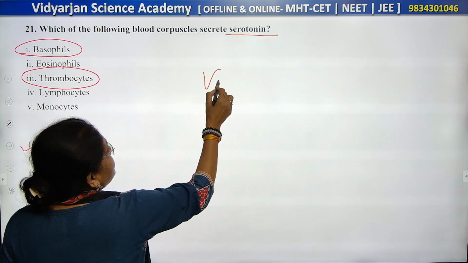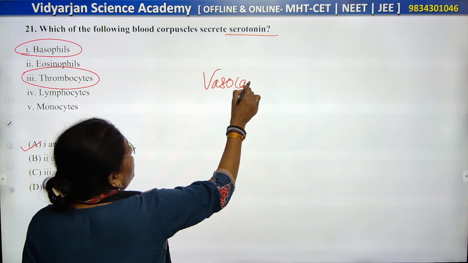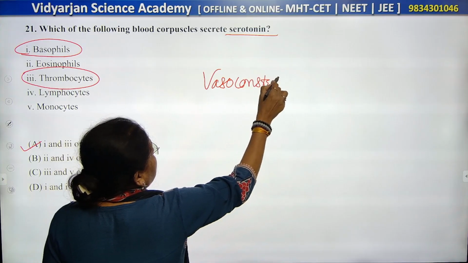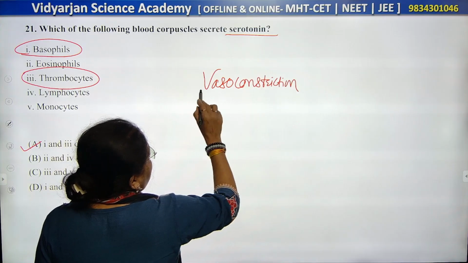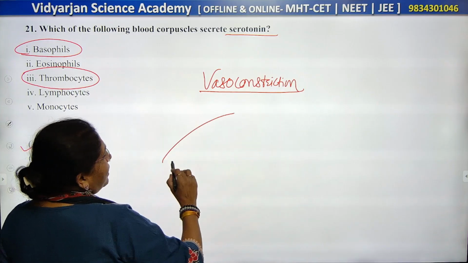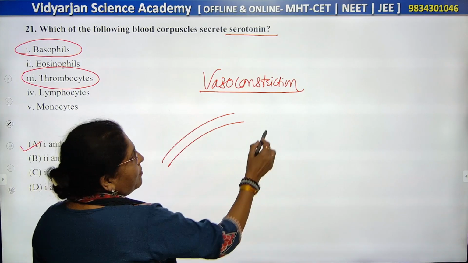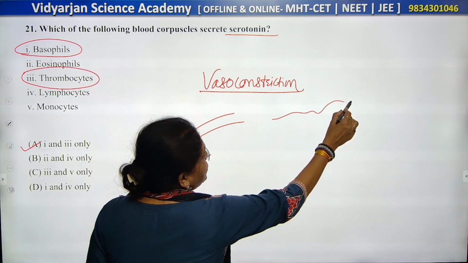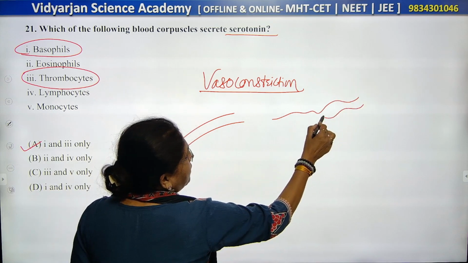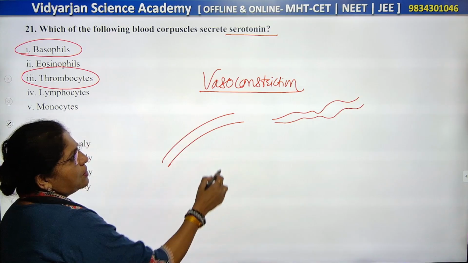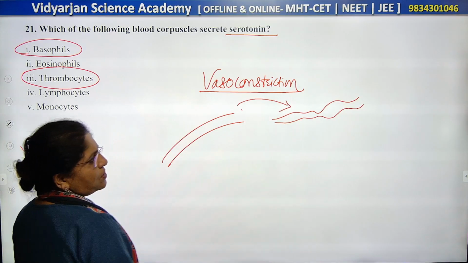Serotonin is acting as a vasoconstrictor. These are there for the vasoconstriction. Means if you have blood vessels, the blood vessels will give you the constriction due to the presence of this serotonin. So this is the vasoconstriction.